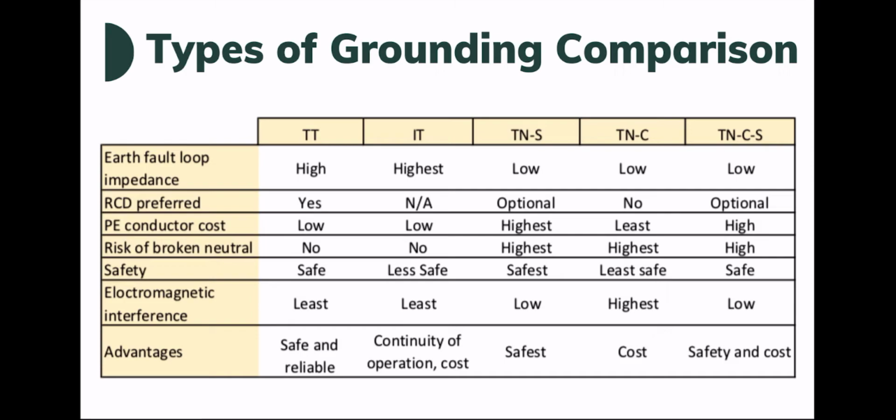All of the types of grounding system have their own pluses and minuses. For example, the advantage of TT is that it is safe and reliable, IT is continuity of operation, TN-S is the safest, TN-C is the cost advantage, and TN-C-S is safety and cost.